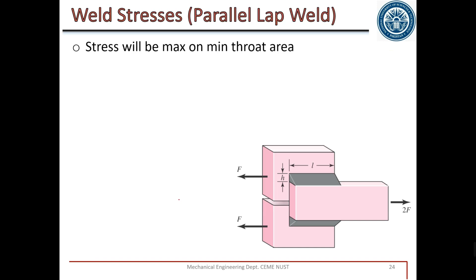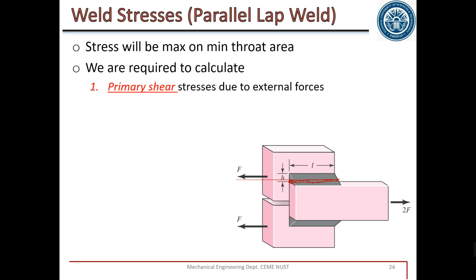Now it is clear that the maximum stress will be on the throat area. But to calculate this maximum stress, what do we need to calculate? We need to calculate primary shear, just like in a bolt.